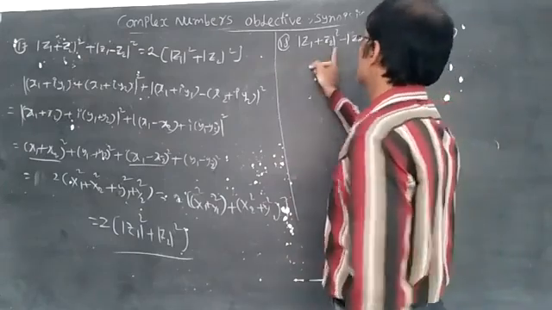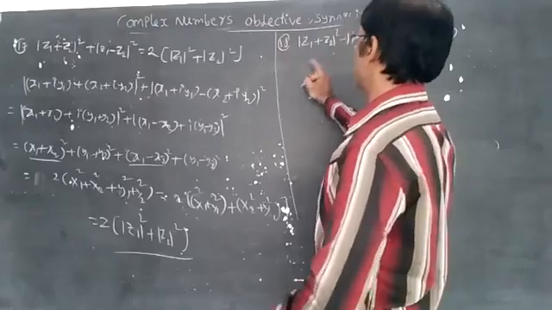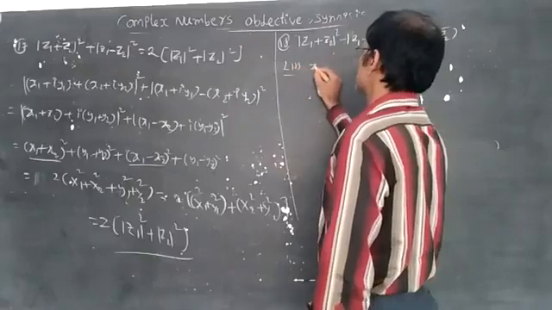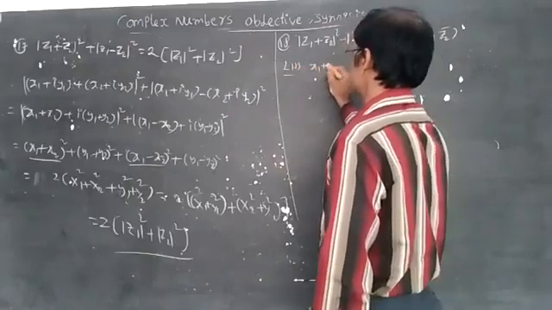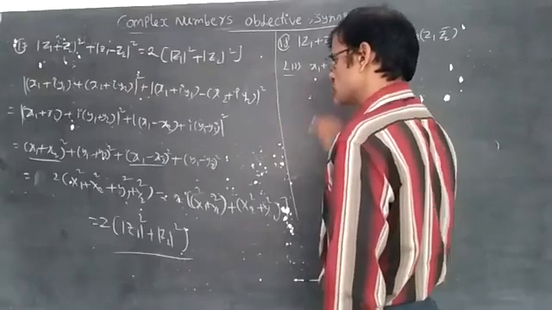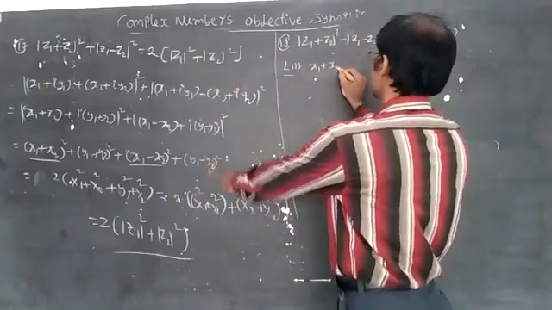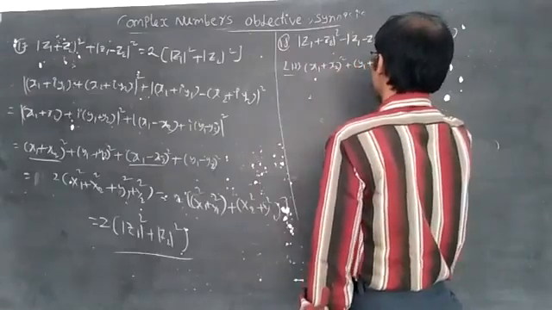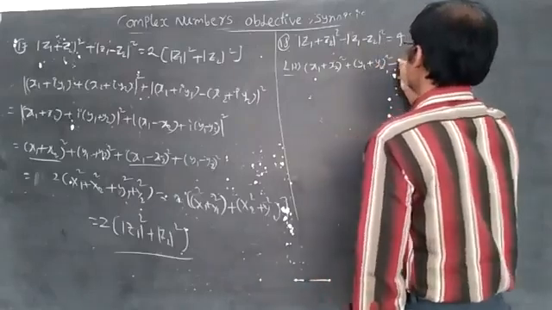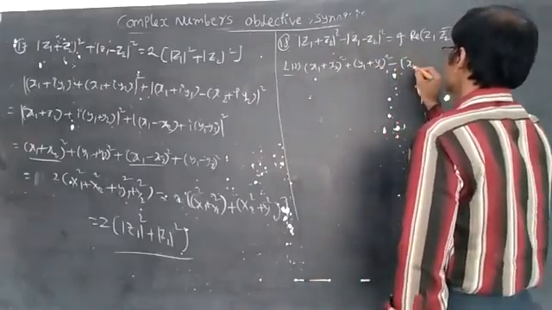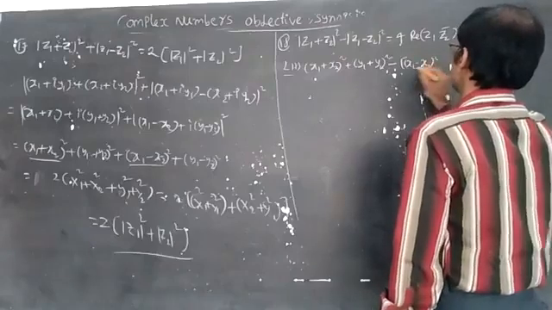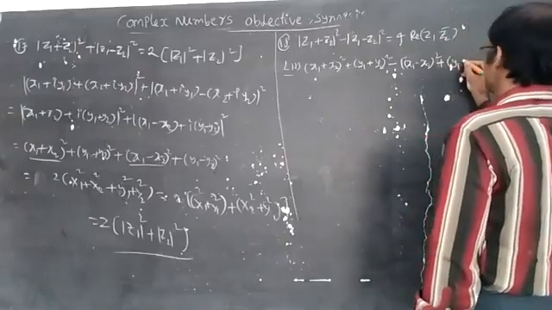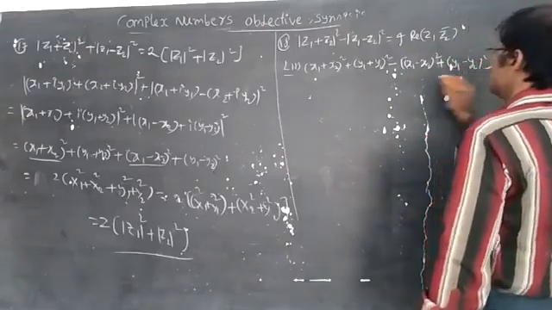Let us verify here. So what is z1 plus z2 whole square? So LHS I am writing. LHS: z1 plus z2 whole square, we got x1 plus x2 whole square plus y1 plus y2 whole square, minus x1 minus x2 whole square plus y1 minus y2 whole square.